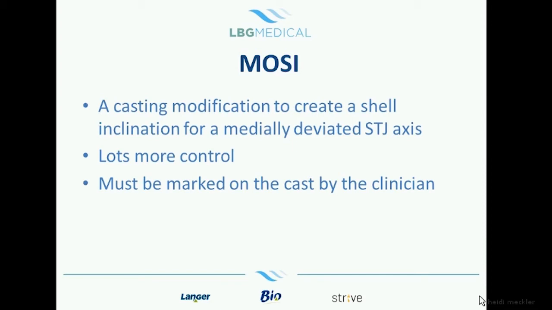Now, the problem with a medially deviated subtalar joint axis is that there isn't much room left on the medial side of the axis to add an antipronatory correction, which is what you're trying to achieve with an orthotic. So the MOSI is intended to create an incline on the orthotic shell, and so the entire medial side of the subtalar joint axis is basically lifted up, so you've got more force on there. So you do need to mark this on the cast when you send it off.